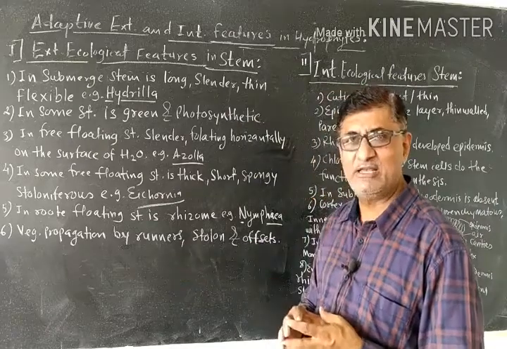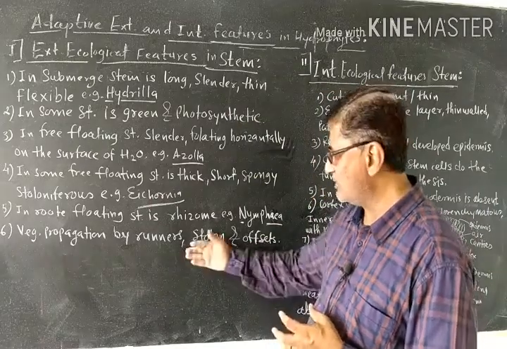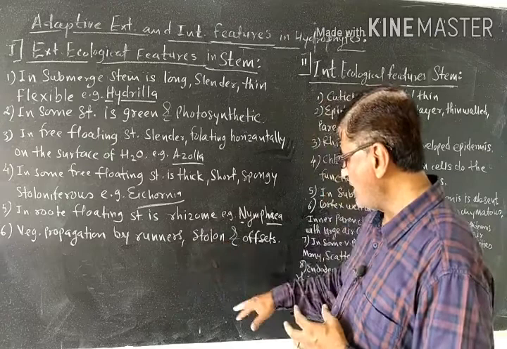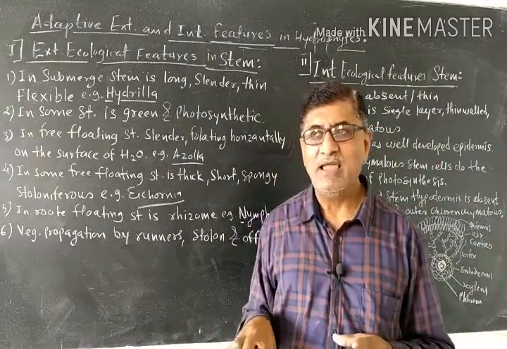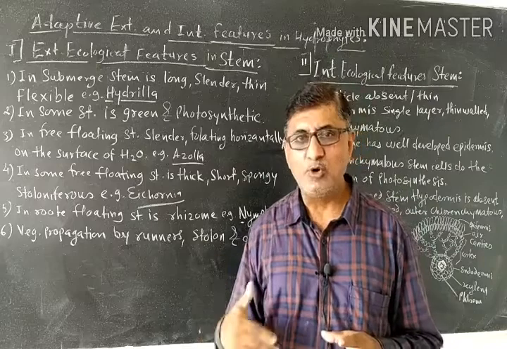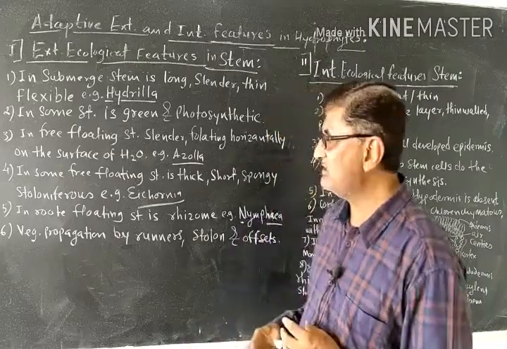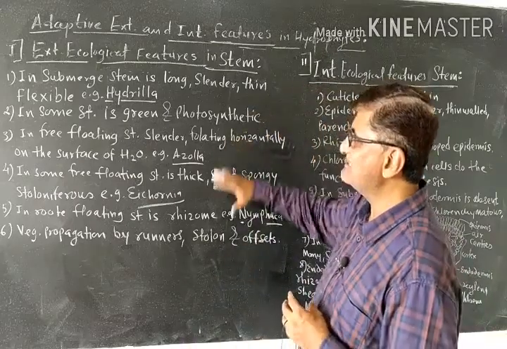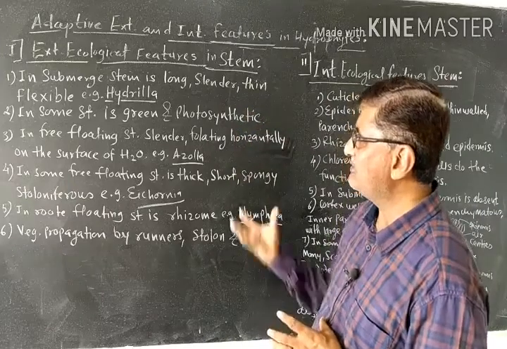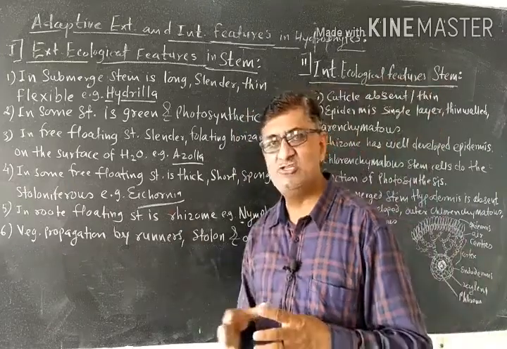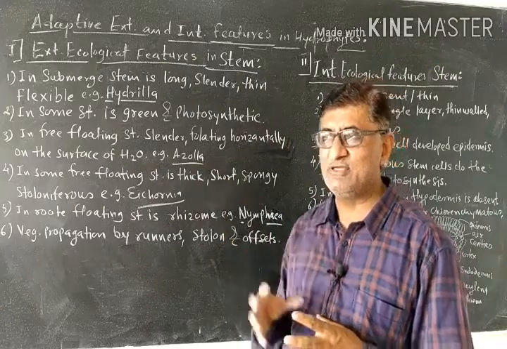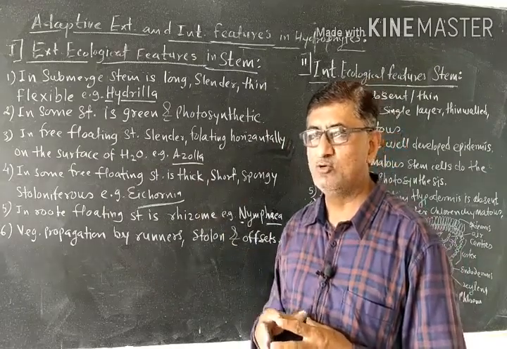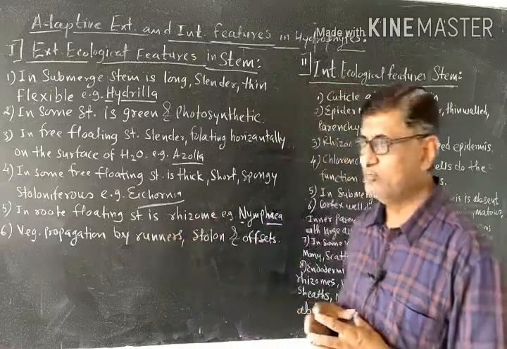Some hydrophytic plants develop runners, stolons and offsets, and these structures grow horizontally and help in the vegetative reproduction of the particular hydrophyte. These are some of the external adaptations seen in the stem of hydrophytes, and these adaptations help a hydrophyte to survive in plenty of water.